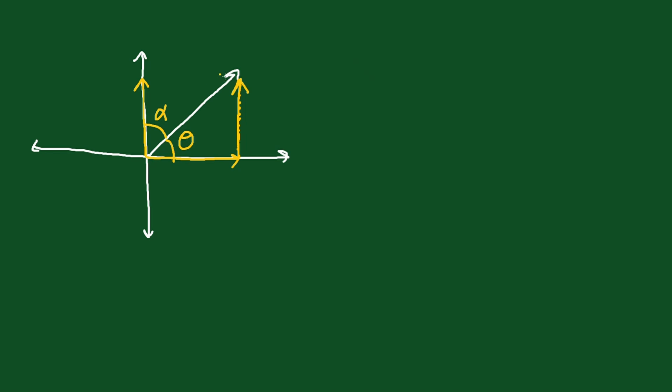So let's say that this is a vector, we'll call it vector b, right? If I take the magnitude of vector b, if I know what that magnitude is, and I multiply it by cos of theta, what I will get is the x component, right? I will get this length on the bottom.